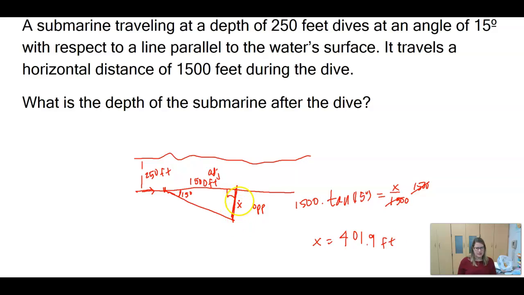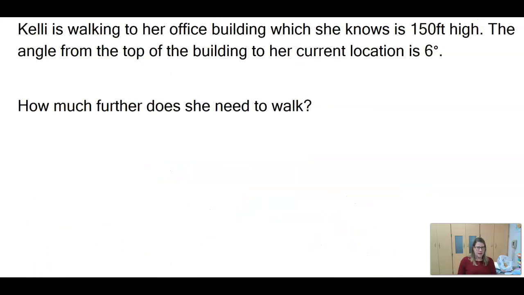So that's this distance, but then we also need to add the 250 feet that he had already dived, or that he was already traveling when this whole dive started. So we have 651.9 feet. Okay. So again, the main thing here is make sure you draw a triangle so that you can really decide which side is which and all of that stuff.